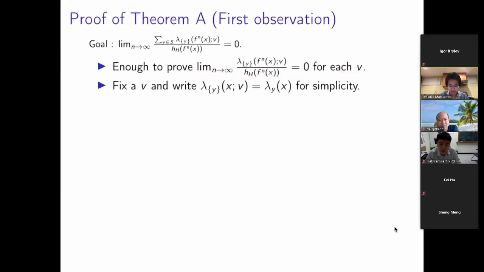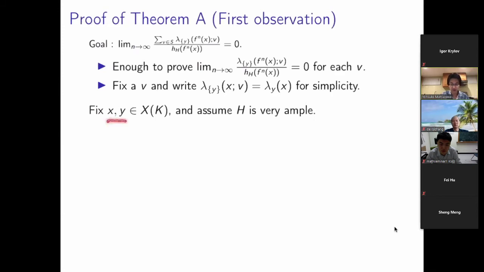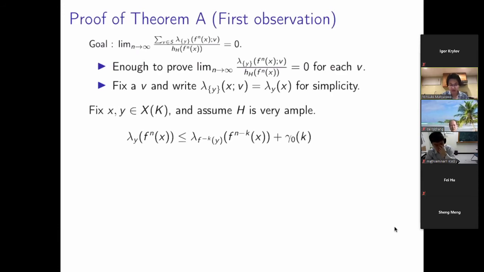For simplicity, we write this as lambda_Y(x). So fix two points x and y, and for a technical reason, I have to assume h is a variable. By the usual functoriality of height functions, to put compatibility with pullback.